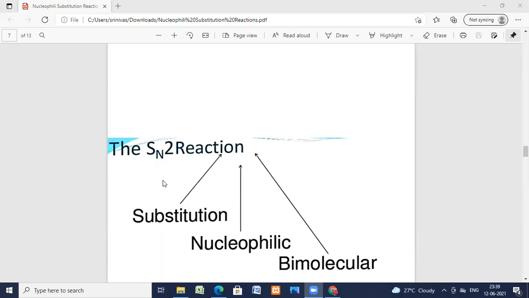In the SN2 reaction, the nucleophile attacks from the backside. In SN1, the nucleophile will attack from the back as well as from the front side.